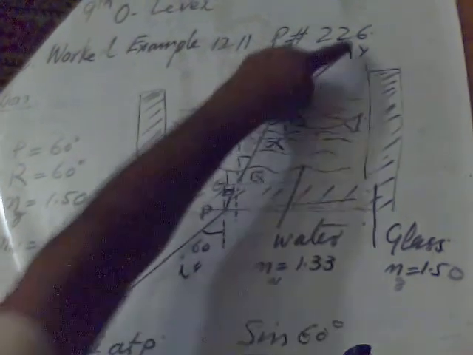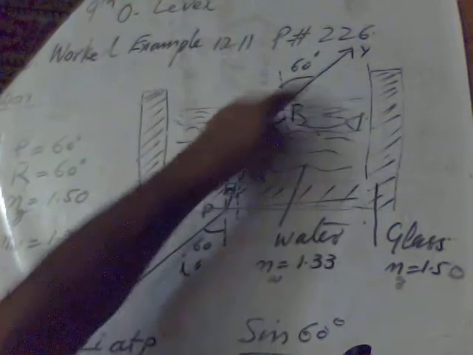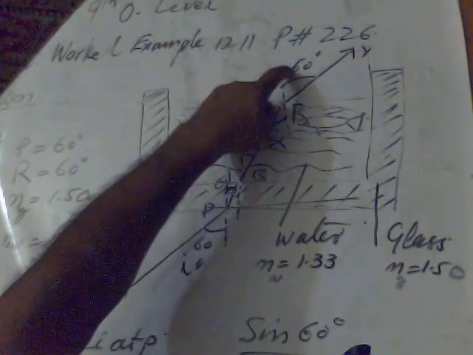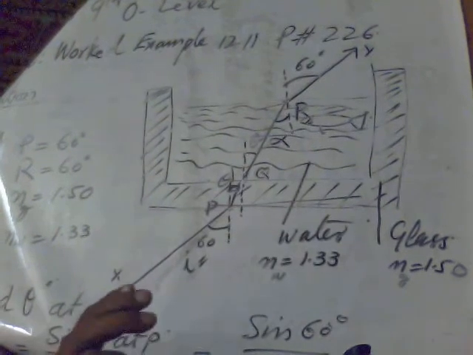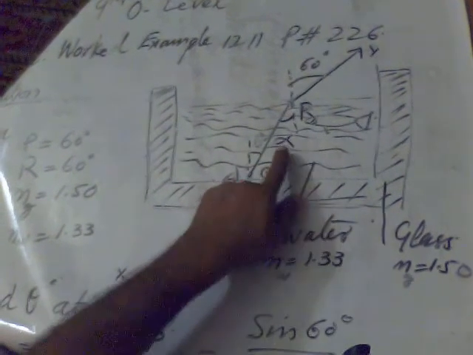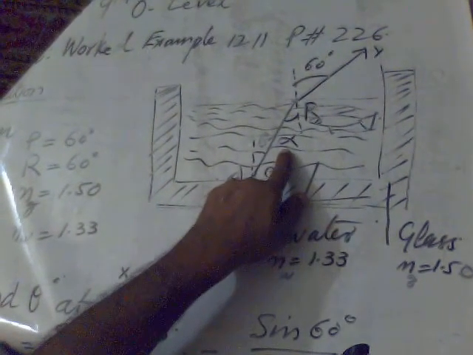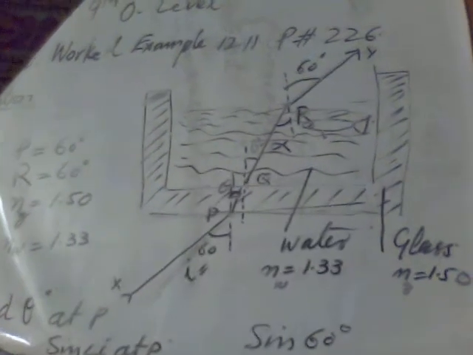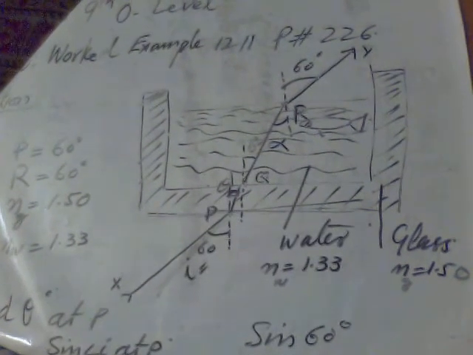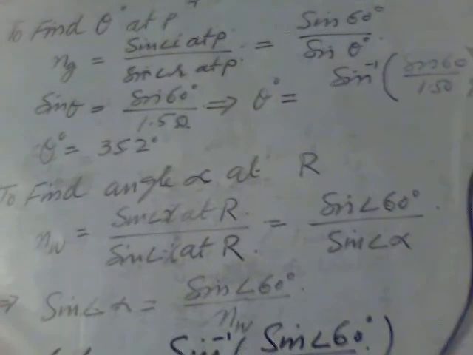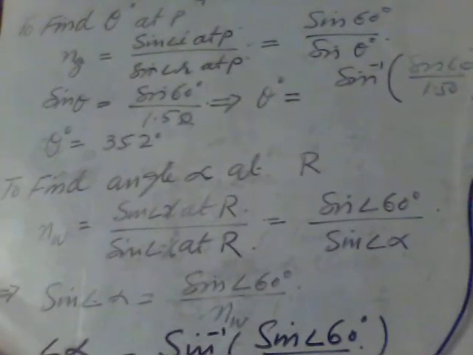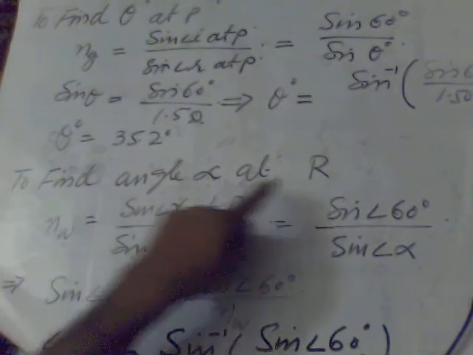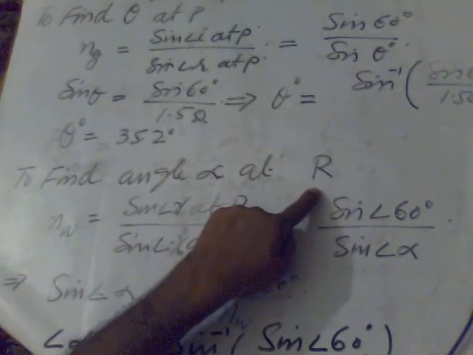This ray is the refracted ray which goes out from the surface of the water, and this angle is the angle of refraction, whose value is given as 60. Now we are going to find the angle alpha at point R.